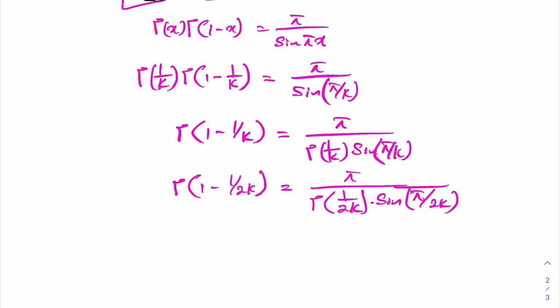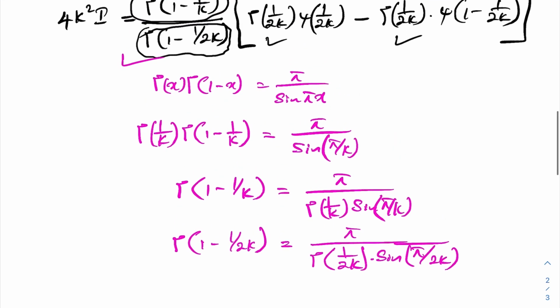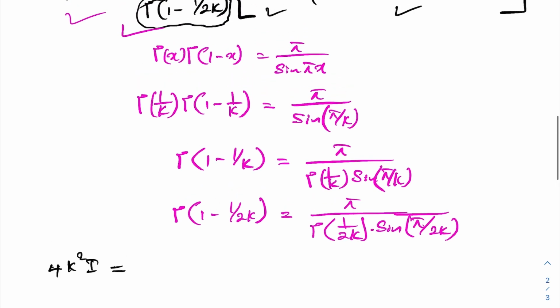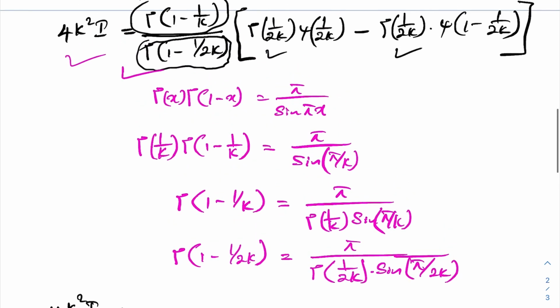Okay, then we can simplify. Here we have 4 times k square I. So 4 times k square I is equal to gamma of 1 minus 1 over k over gamma of 1 minus 1 over 2k.